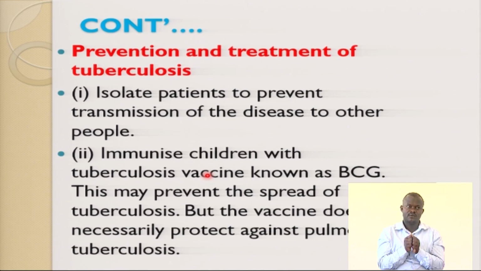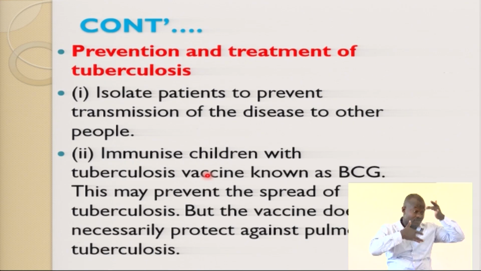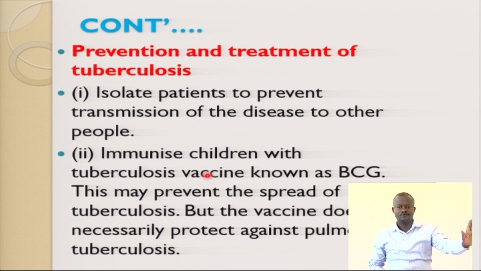You try to isolate the patient who is suffering from tuberculosis, and also you try to not share some of the objects, for example the cups. The disease could be transmitted from one person to another person, so there is isolation of the patient to prevent transmission to other people.